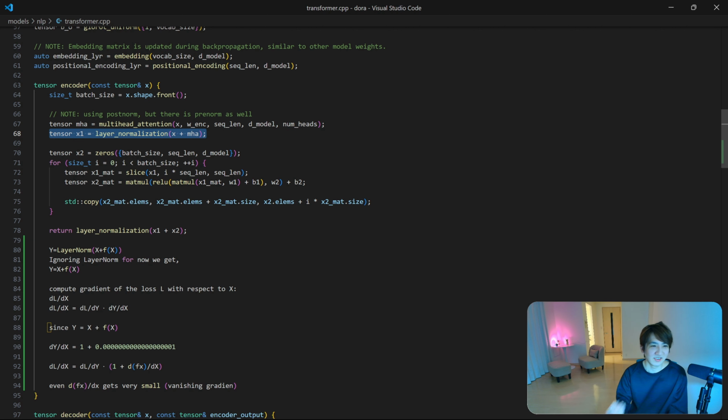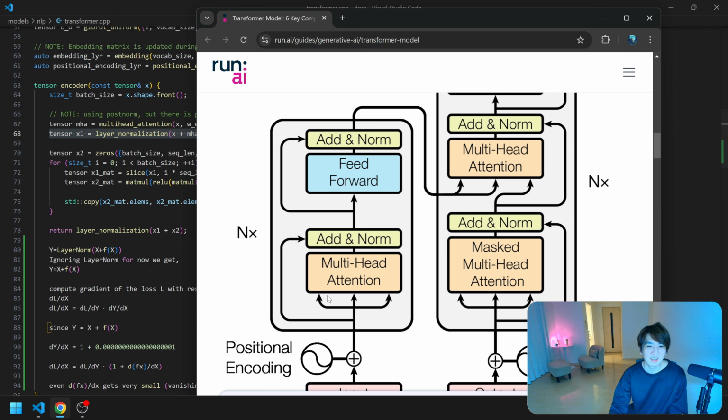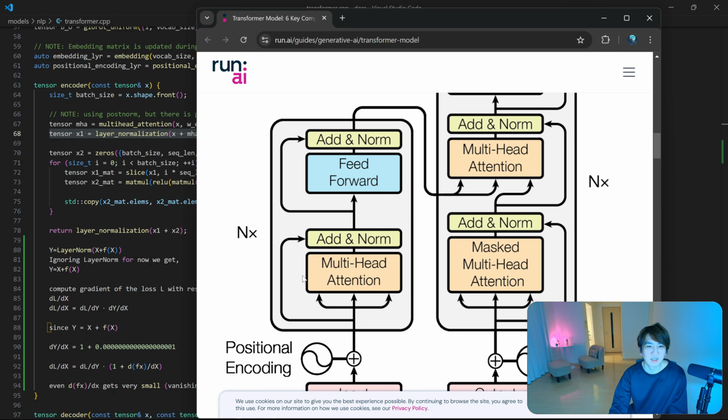So I think this is it for today's video, just about these arrows and add and norm, and I tried my best to explain it. And I think I said this before, but I'm not really sure I'm going to keep making this type of video where I explain some topics in AI, because I've been trying to implement the transformer model, and I also started a new project.